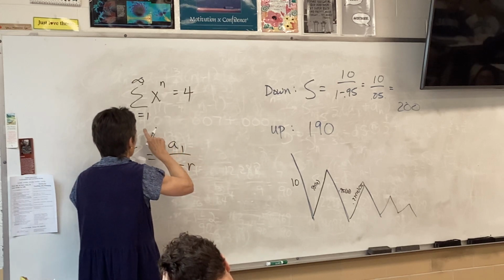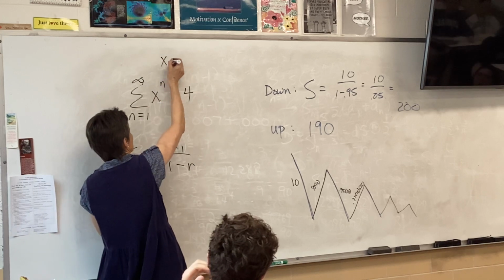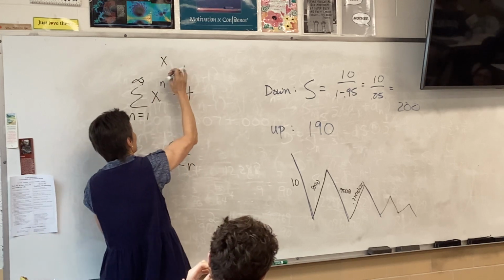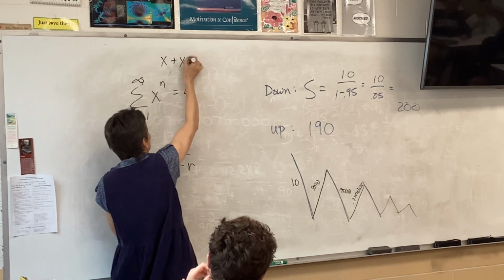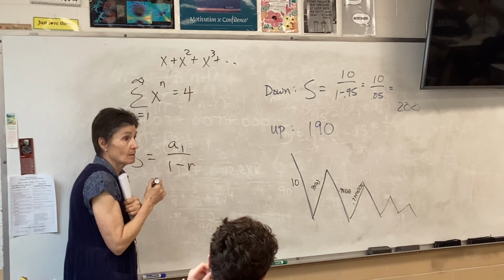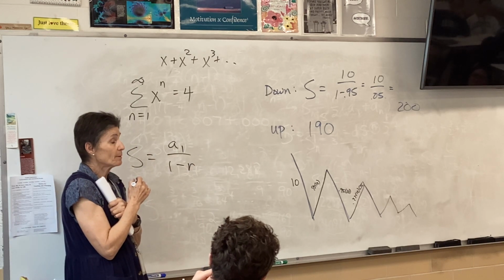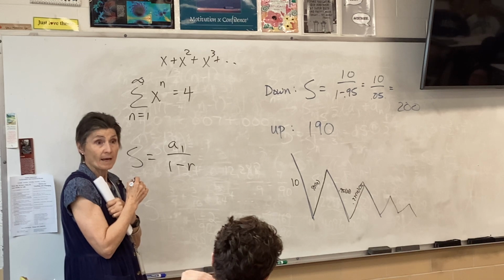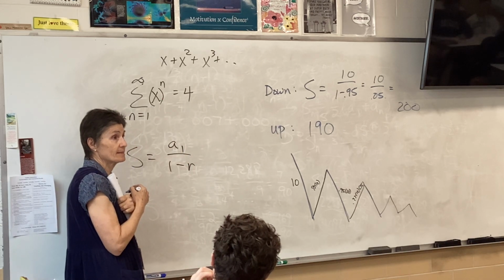The ratio. First term would be what? X to the first. What's the second term? X squared, x cubed, and so on. What kind of a series is that? Is it geometric? Yep, and what's my ratio? X. We've seen lots like that today.